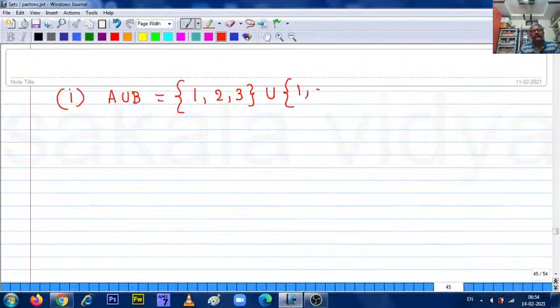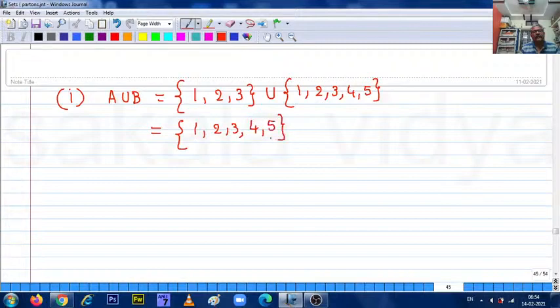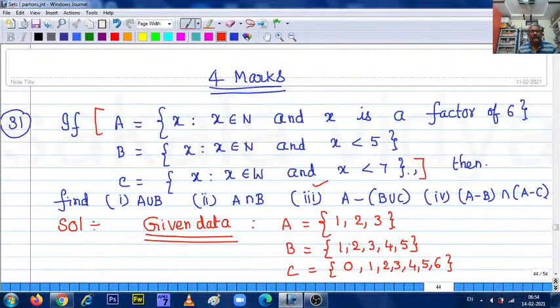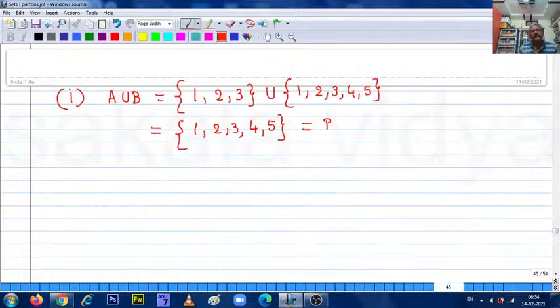Can you list out the answer now? 1, 2, 3 is repeated, so you get 1, 2, 3, 4. Here, interestingly, 1, 2, 3, 4 is the same as B, so we can write A union B equals B. This is an observation we can make.